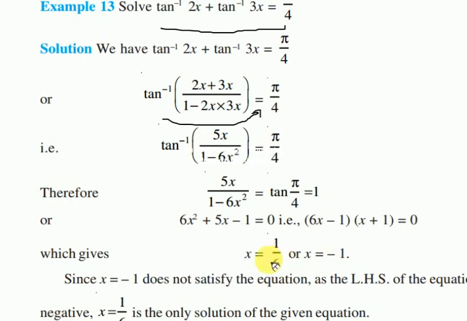Therefore factorizing it we get x is equal to 1 by 6 or x is equal to minus 1. But if you substitute x is equal to minus 1, the left hand side will be tan inverse of minus 2 plus tan inverse of minus 3. It will be negative, but the right hand side is positive. Therefore x is equal to 1 by 6 is the only solution for this particular problem.